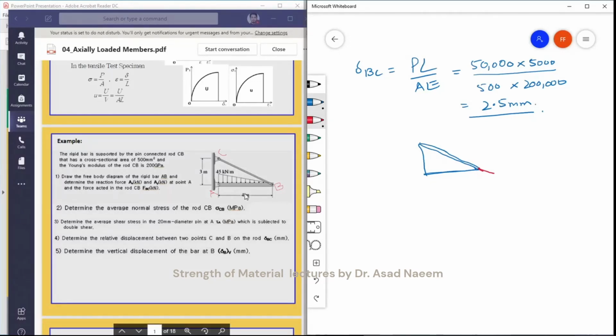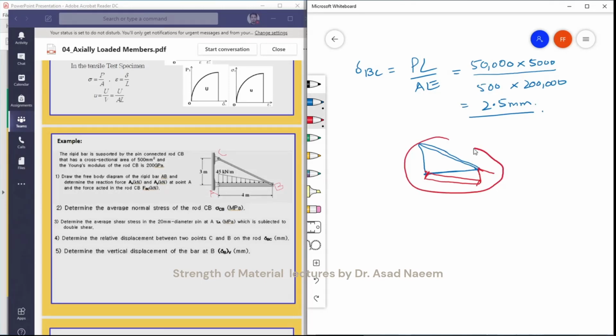But this bar is rigid, so this bar will deflect downwards. This bar will rotate because this is a pin connection.